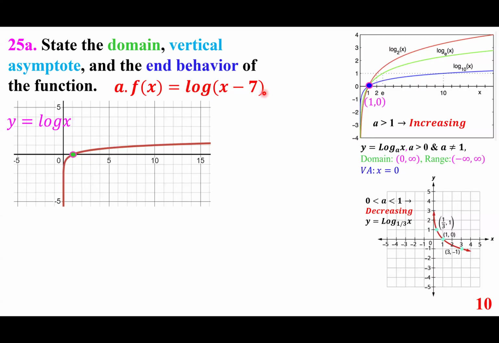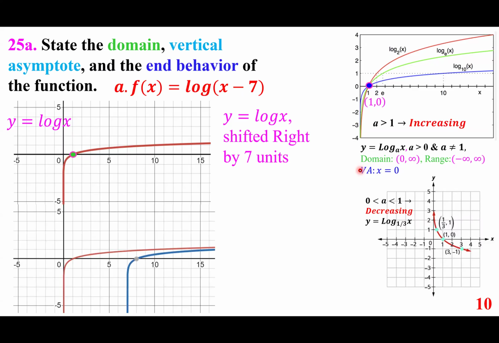Now, what happens with this x minus 7? So we go from x to x minus 7. So it shifts right by 7 units. So move this one to the right by 7 units. And originally, the x-intercept is at 1, 0. And now the new one is located at 8, 0.